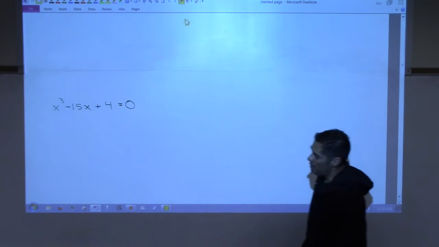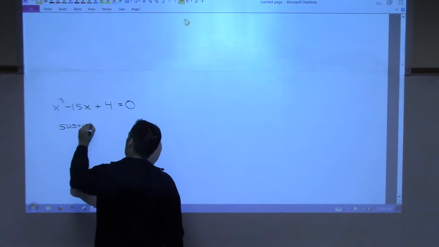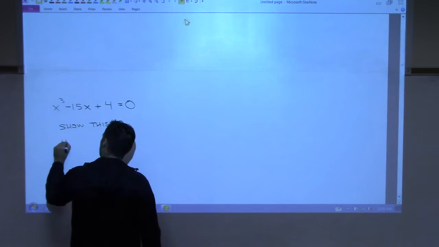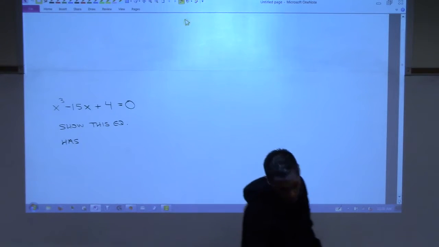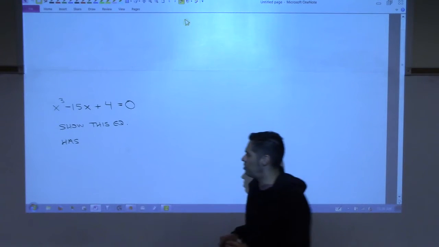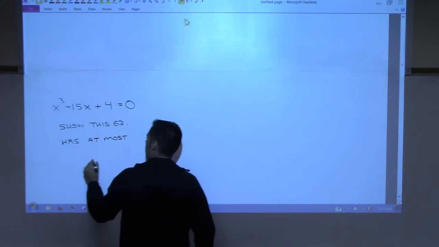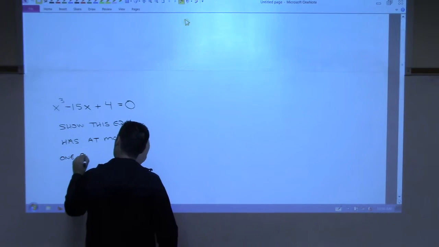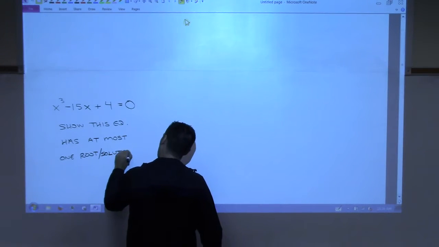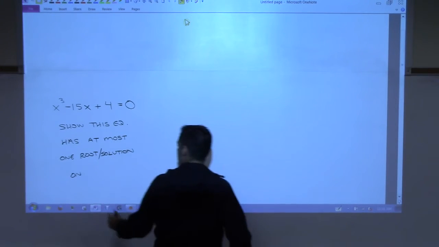What I want to do right now is I want us to show this equation has at most one root or solution, however you want to look at it, on the interval -2, 2.